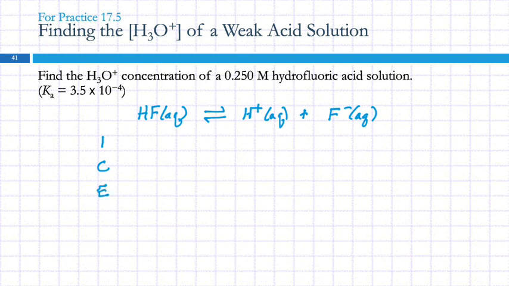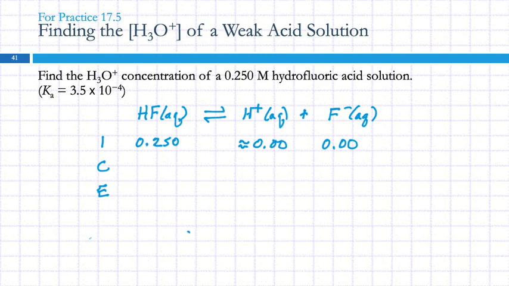The initial concentration for the hydrofluoric acid is the listed concentration, so that's 0.250 molar. What do we put for the concentration of the hydrogen ion? Approximately 0. And the fluoride is going to be 0.